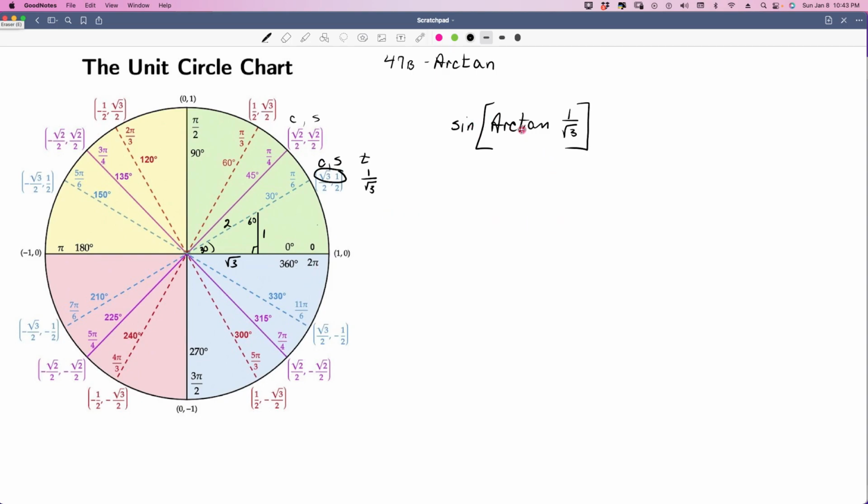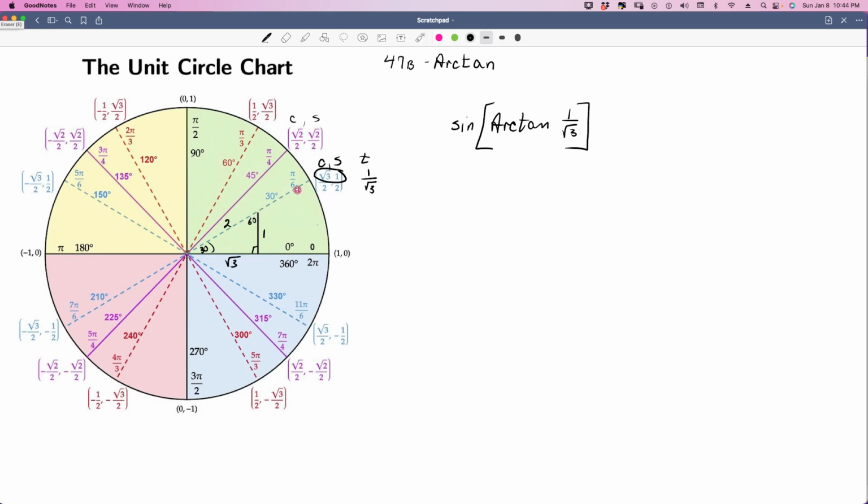So let's look at this problem right here. We're restricted, first of all, to the first or fourth quadrant. So we look in the first or fourth quadrant for the tangent of 1 over the square root of 3. And this is positive. Well, that lives in the first quadrant.